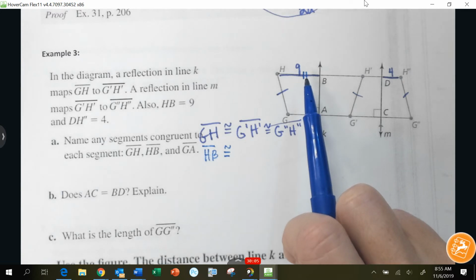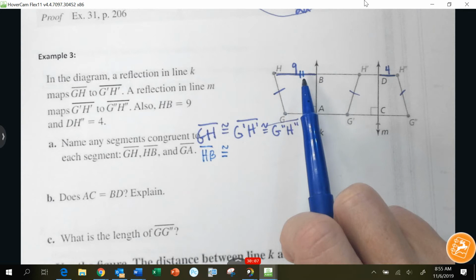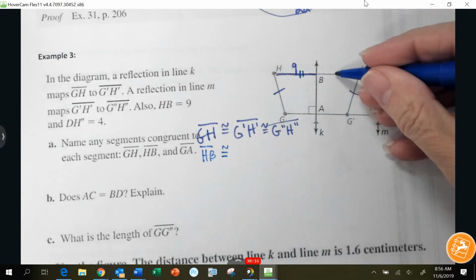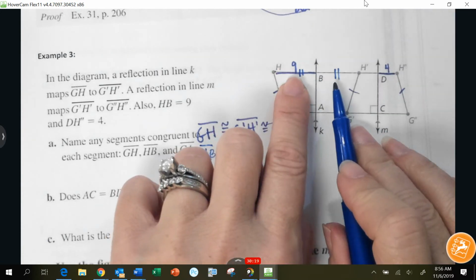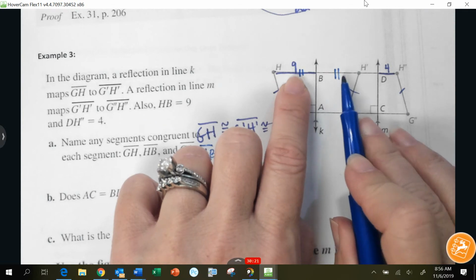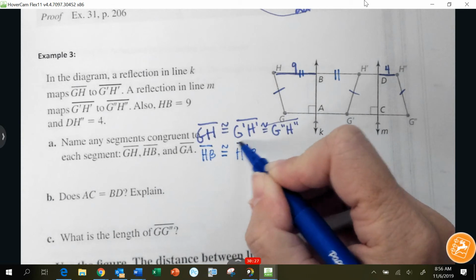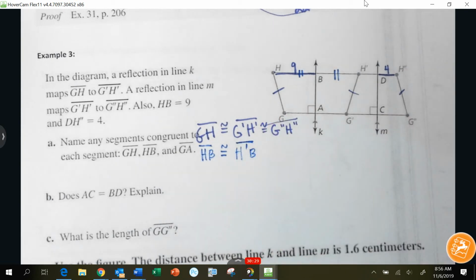So HB would be H prime and B. Okay, HB and H double prime B, yes, those are going to be the same length because this one's reflected to here. So those are going to be the same length. So H prime B. Something's happened to my blue pen. I think that's it for that one. Double check, but I think that's it.